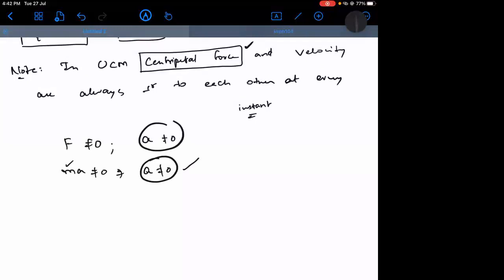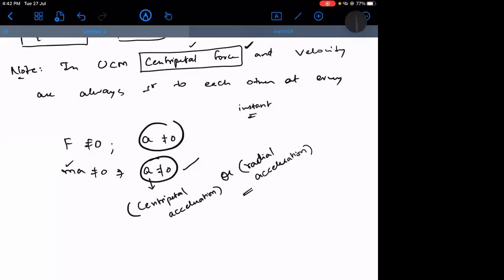Then if the force which is acting towards the center is called a centripetal force, what can I call the acceleration which is acting towards the center? We call it centripetal acceleration, or this is also called as radial acceleration.